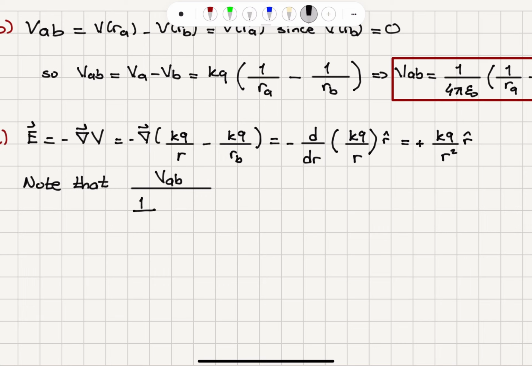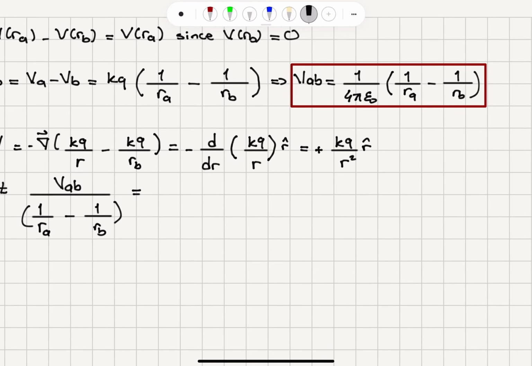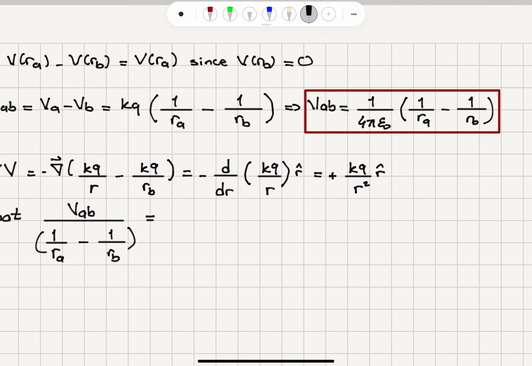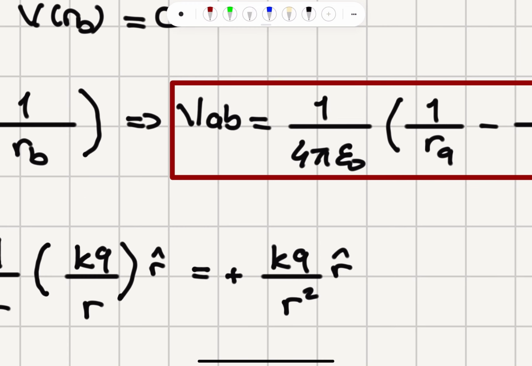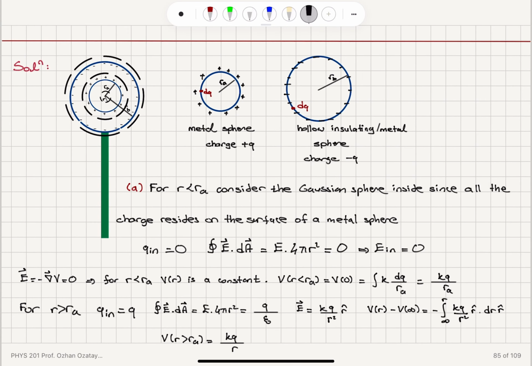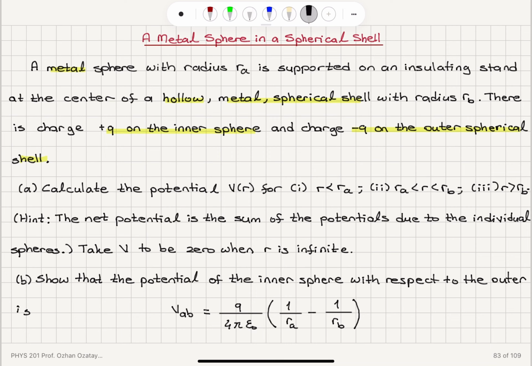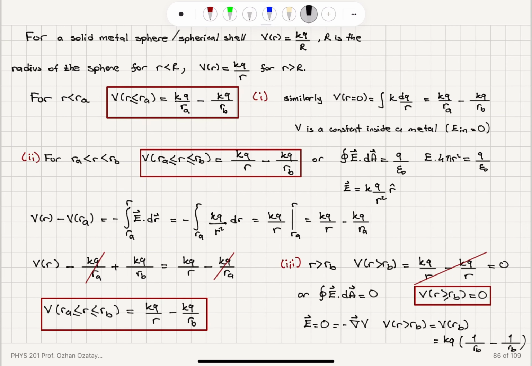You can see that I will obtain K times Q. So this was the result we obtained in part B, KQ times 1 over RA minus 1 over RB.